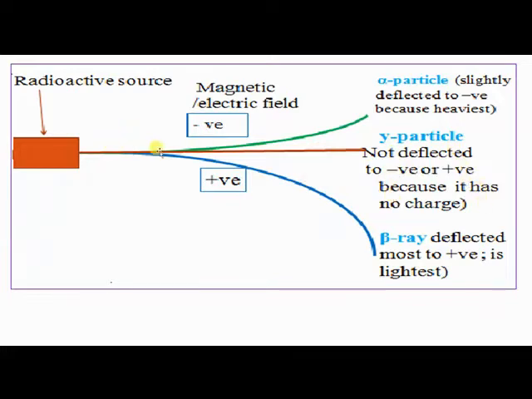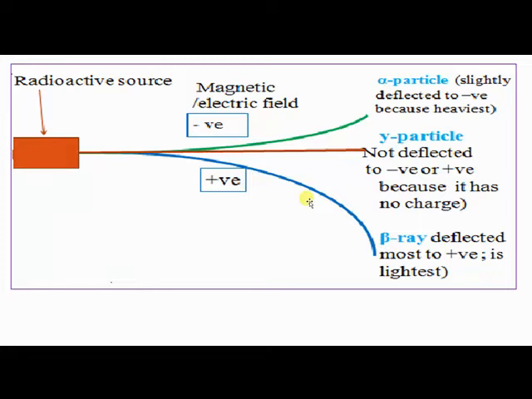So the one in the middle, the straight line, is actually the gamma. The alpha will be deflected towards the negative because they are positively charged. And then finally, the beta ray or particle will be deflected towards the positive because they are negatively charged.